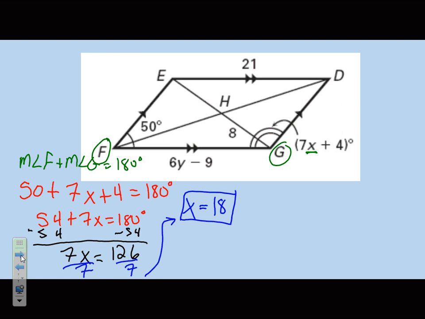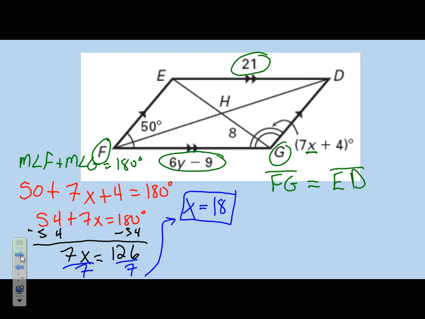Now we have to solve for y. Since this is a parallelogram, what we need to do is this side is congruent to this side. So since the sides are congruent, they're equal to each other. So FG is equal to ED.